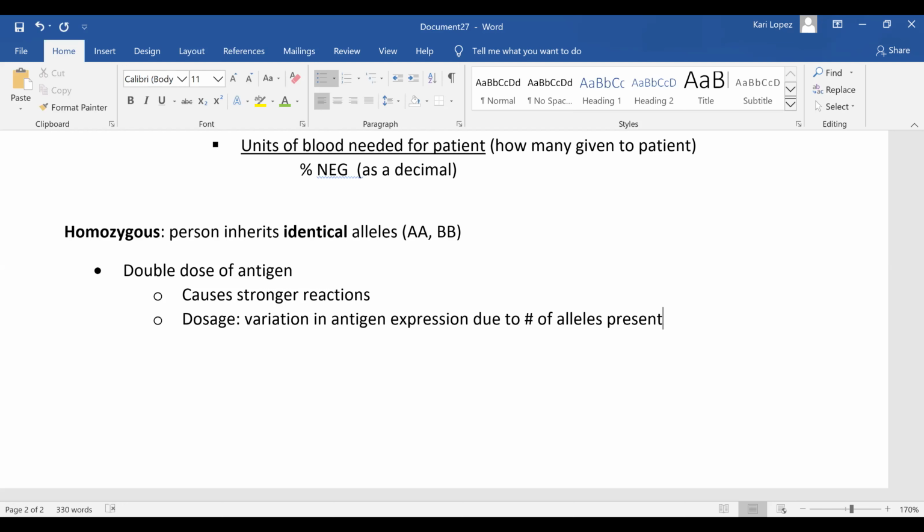So if your genotype is like big M, you're going to get a stronger reaction when you're doing your panels than you would if they were heterozygous, like a big M and then a big N. On your panels is when this comes into play, and it's going to be a stronger reaction if they're homozygous than if they were heterozygous.